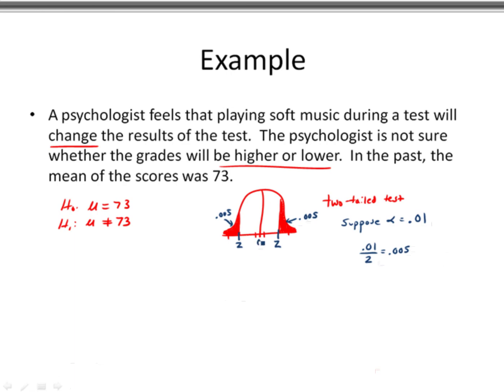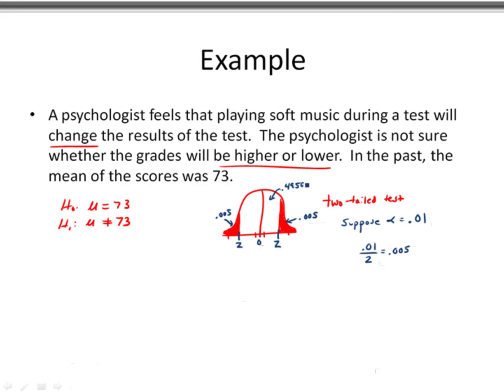Again, I know that in order to use table E, I have to know the area between 0 and the Z. And so subtracting the 0.005 from 1/2 gives me 4950. Looking up 4950 in my table, I see that it falls between 4949 and 4951.